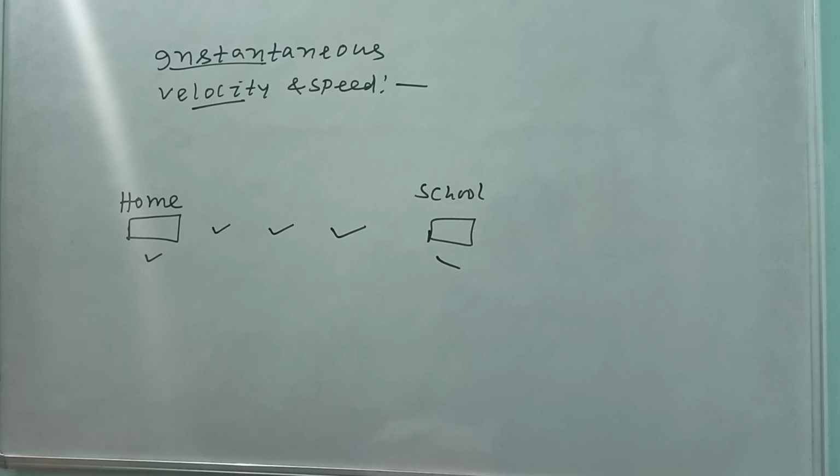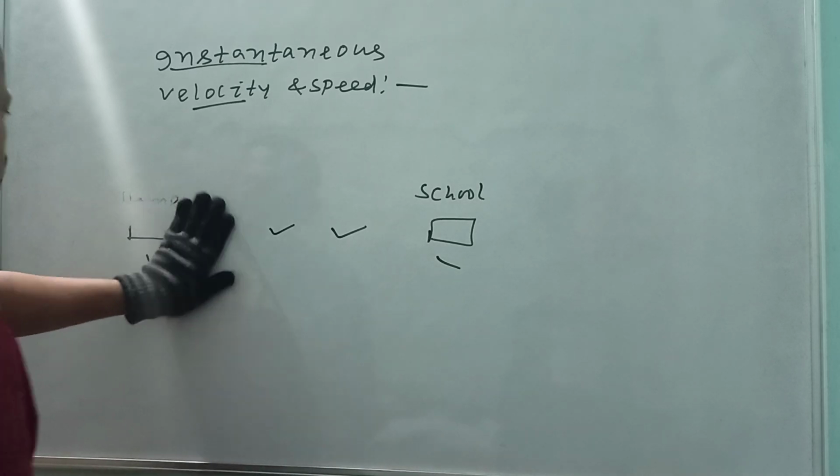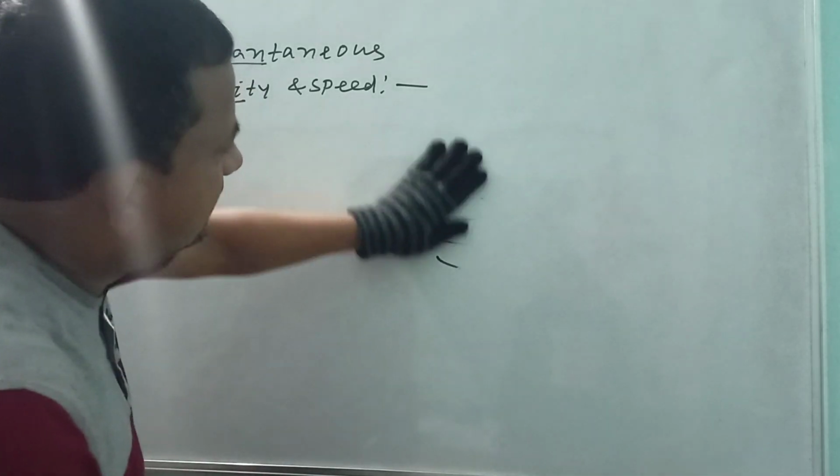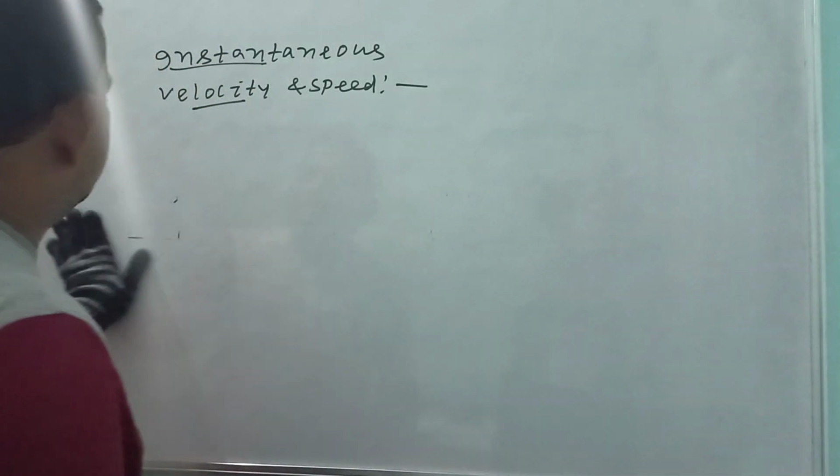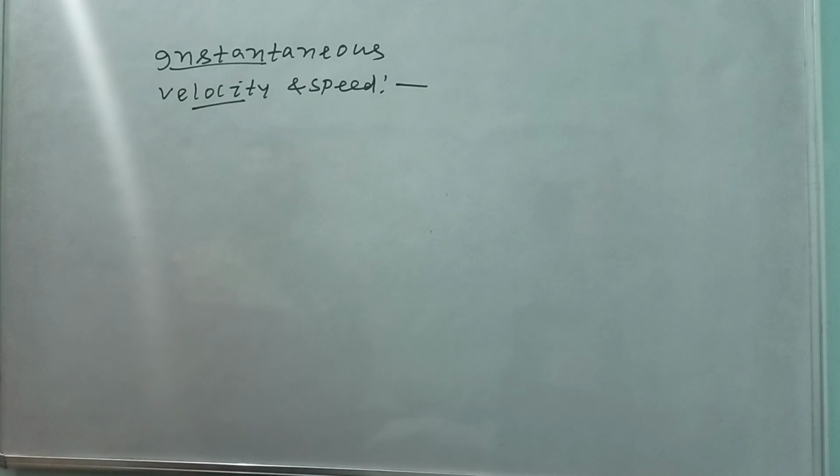So what is this instantaneous velocity? The velocity of an object at an instant is known as instantaneous velocity or speed. So how to obtain this instantaneous velocity?